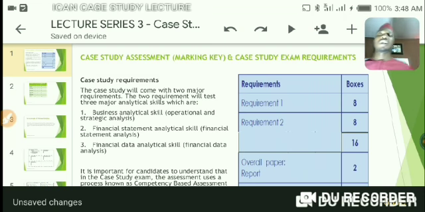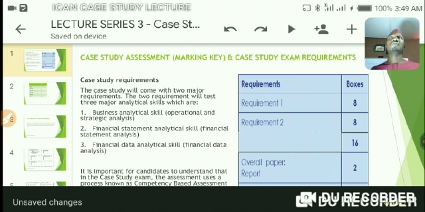The examiner will also be nice to you by giving you bonus marks. There will be overall skills to be demonstrated under the whole paper. I call this overall paper bonus marks. There will be two major skills to be demonstrated under the overall paper.